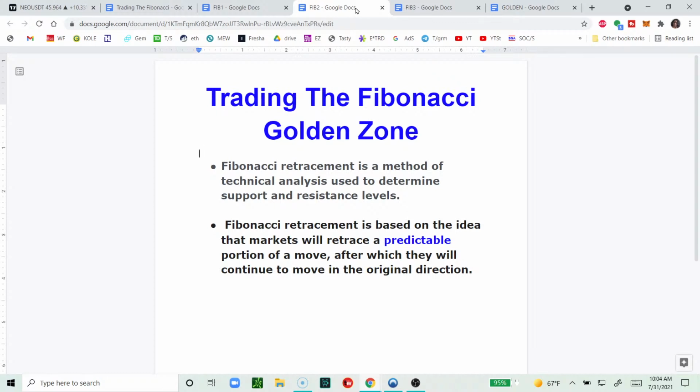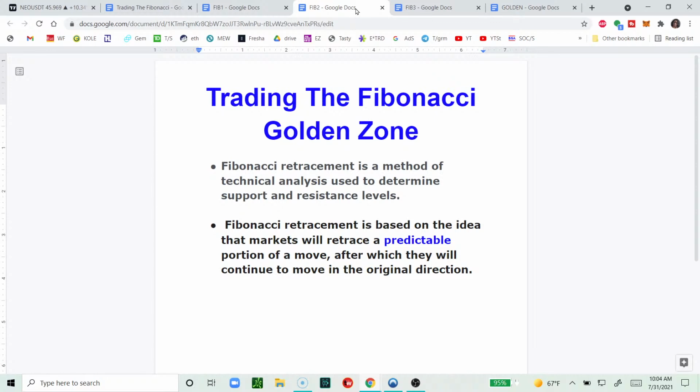So I'm in a trade, it's upward trending, and then there's that pullback. And it's pulling back and it's pulling back. And the question is, is it going to continue to pull back? Do I need to exit the trade? Or is it simply going to retrace a certain amount and continue on its upward trend?